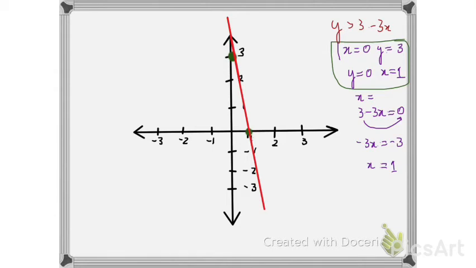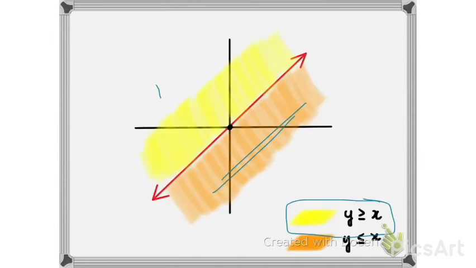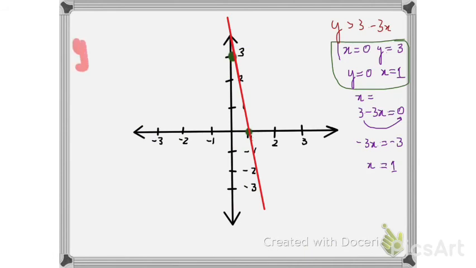Now if they ask for the wanted region or unwanted region, I will explain to you again. So if they are asking for the wanted region, for example, here we have y greater than 3 minus 3x. So here we'll have to put 0 in the place of y and x. So we get 0 greater than 3 minus 3 times 0.